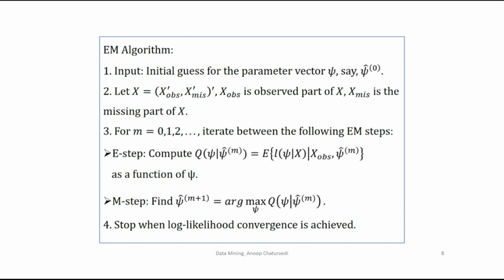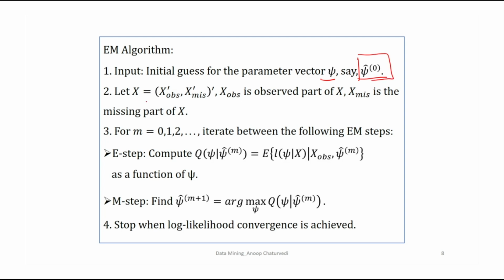So, now we consider the EM algorithm. The input is, say, an initial guess of the parameter vector psi, say psi hat naught. So, first we initialize the parameter vector. You have some initial guess for the parameter vector psi, and suppose that value is psi hat naught.